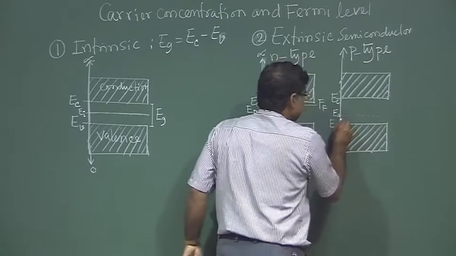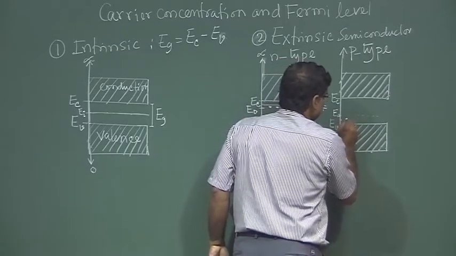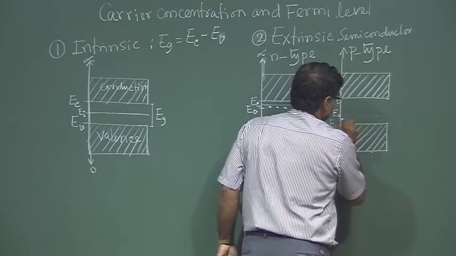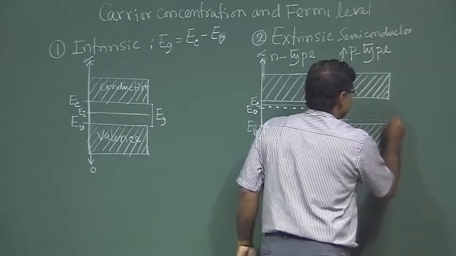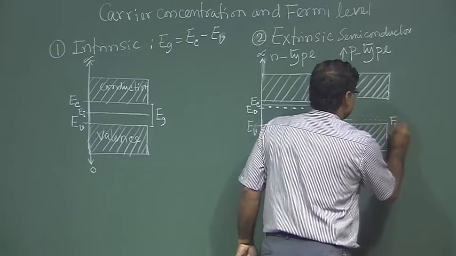The Fermi level is expected between these two energy levels. So, this is EF. Okay.